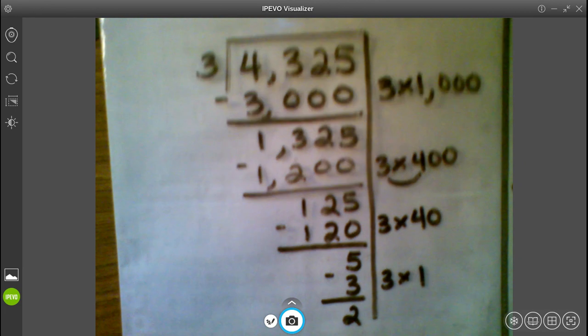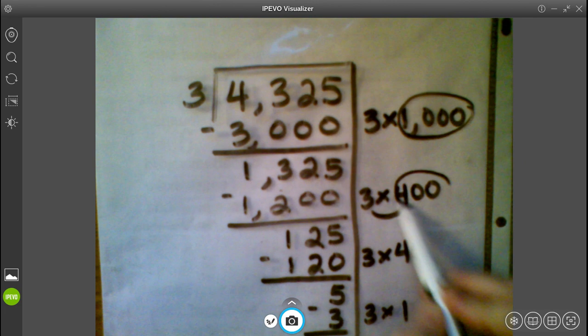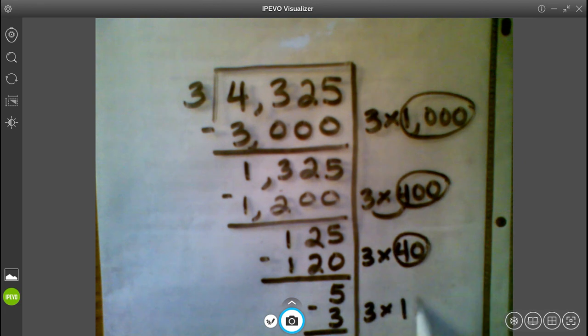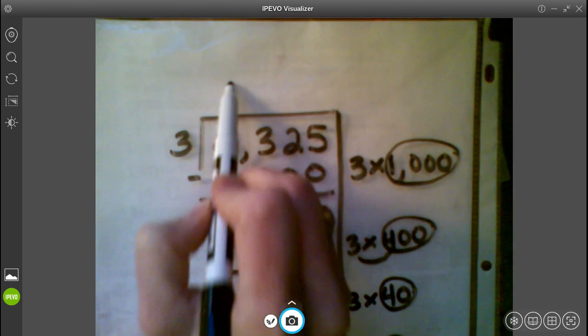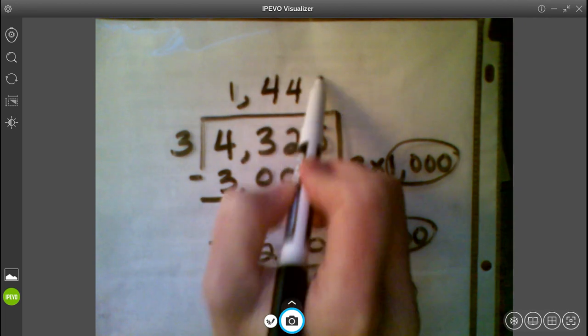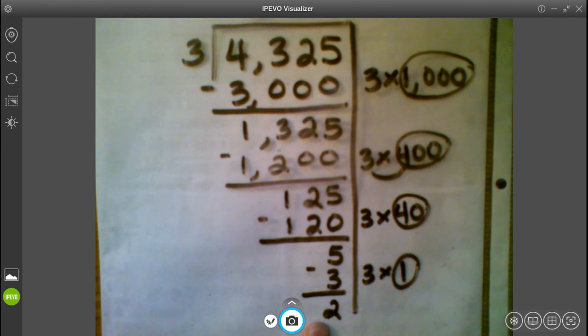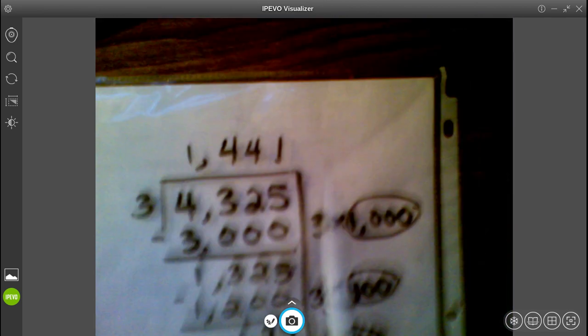So let's see. We used 1,000, we used 400, 40, and 1. If we put all those together, we get 1,441 as our quotient, and then we have a remainder of 2. Don't forget about that remainder.